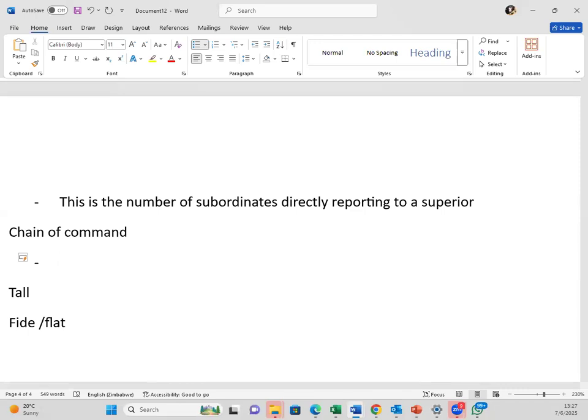The chain of command is the channel in which messages move until they reach the final person.